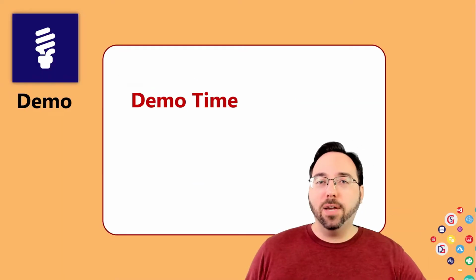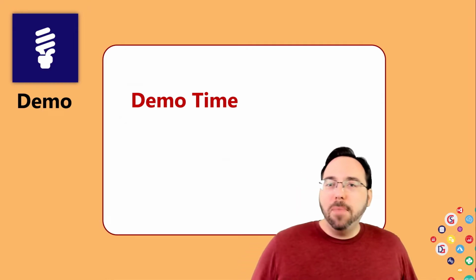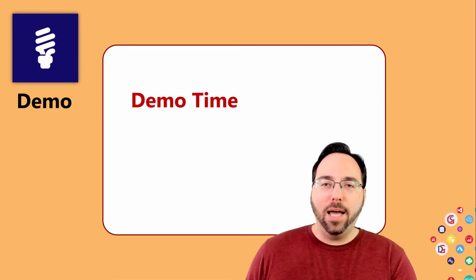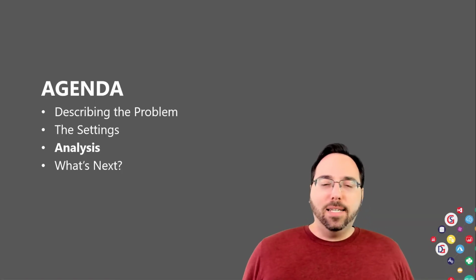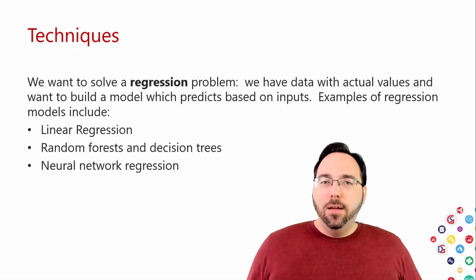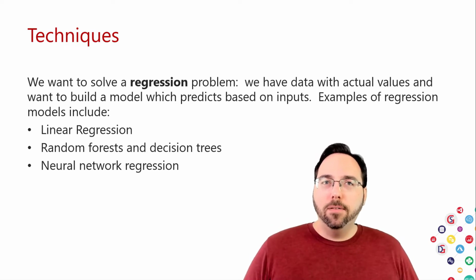The first thing we got to talk about, though, is how we're going to make use of this data. So, analysis time. Well, we want to solve a regression problem.